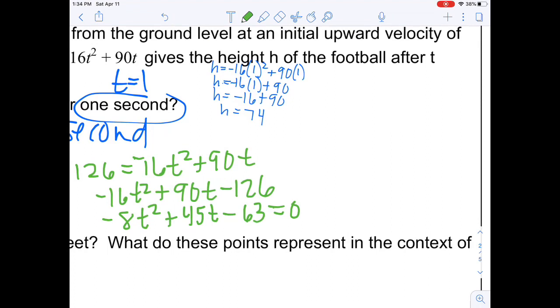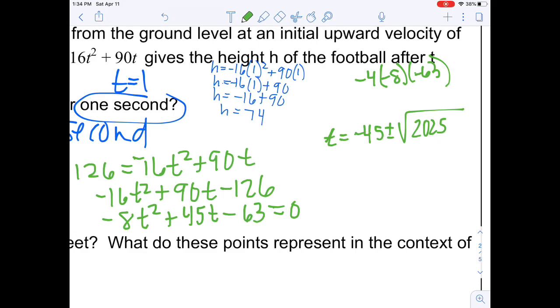Okay, I'm going to use the quadratic formula for this one because I want to solve for x, or t, I shall say. t is negative b, negative 45, plus or minus the square root of 45 squared, which is 2,025, minus 4ac, so minus 4 times negative 8 times negative 63.